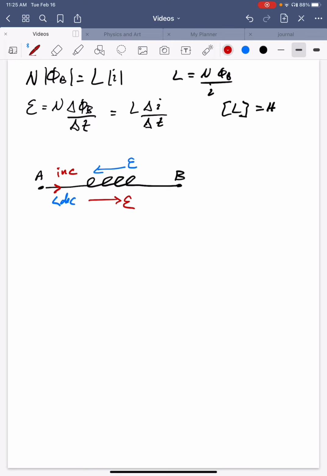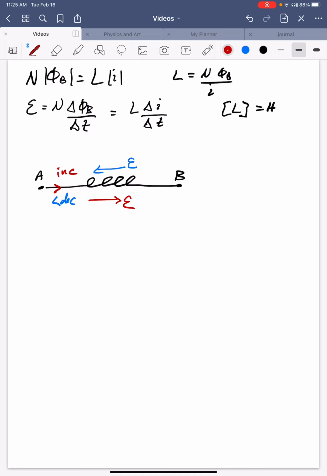So an inductor sort of works in a way that tries to keep the status quo. So as I ramp up the current, the inductor tries to push it back and goes, no, I'm going to have a bunch of voltage drop across it. And then as I decrease the current, if I try to take the current off really fast, it goes, wait, and pulls and tries to get an EMF in that direction.